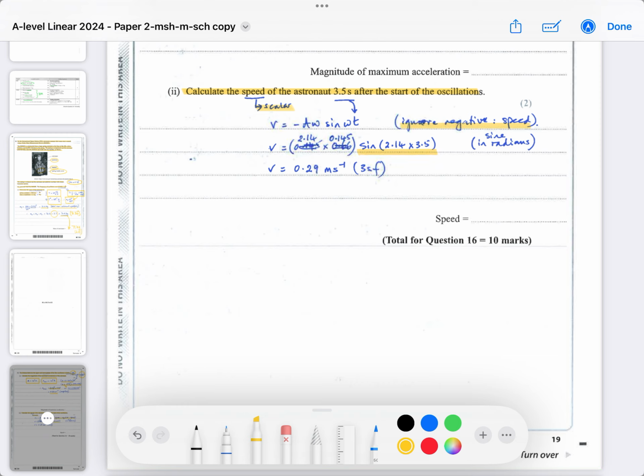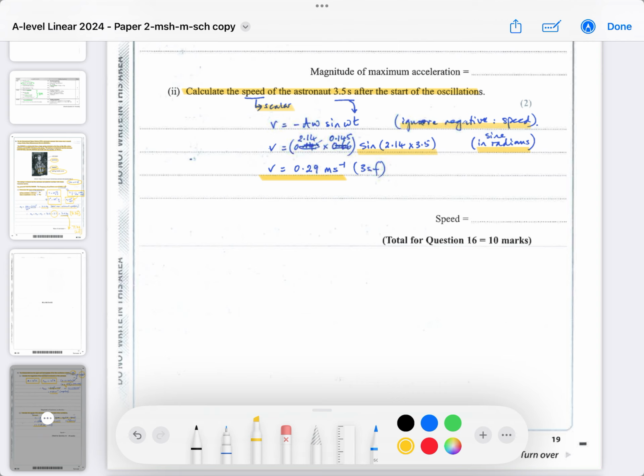We know omega again, and you need to make sure your calculator is in radians. Once you do that, you get v equals 0.29 meters per second. The reason it needs to be in radians is because the values in front of the sine are not in degrees.